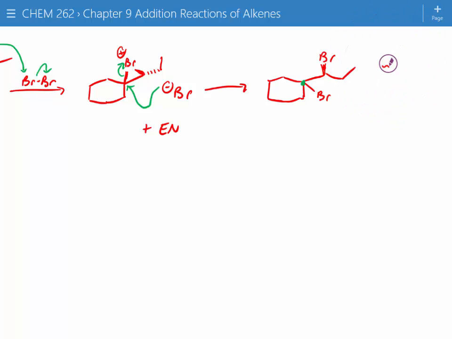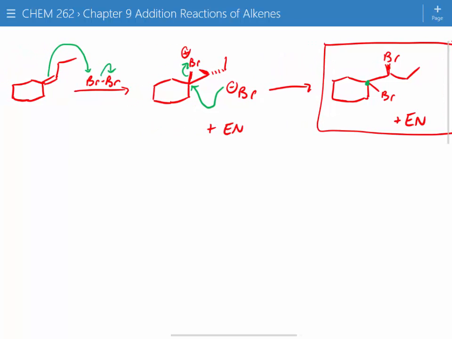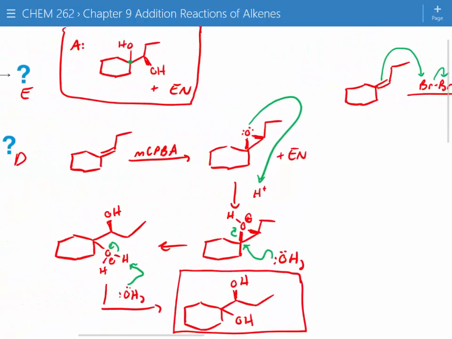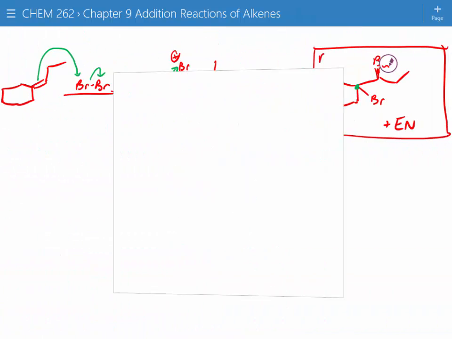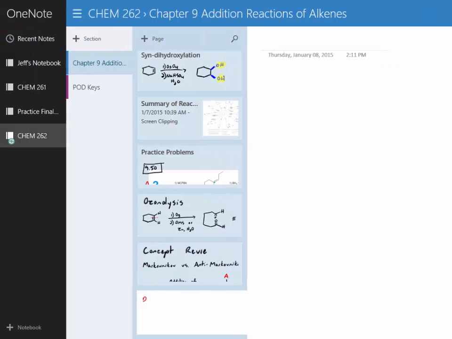Yeah, because we could have one where the bromine, instead of being a wedge, is actually a dash. So in this case, we'd have to worry about the enantiomer. So if we go all the way over, this was D.